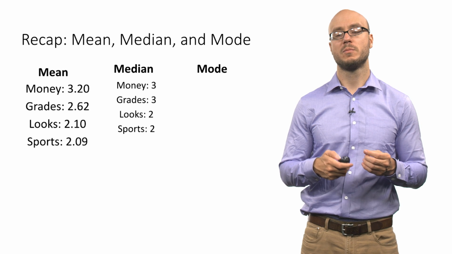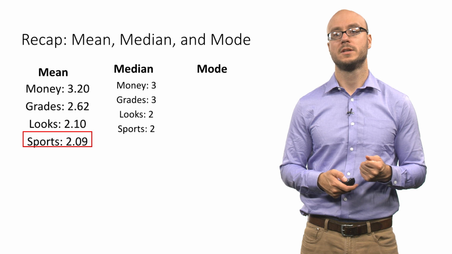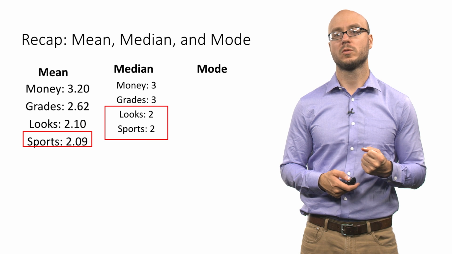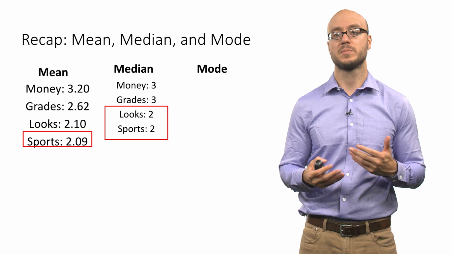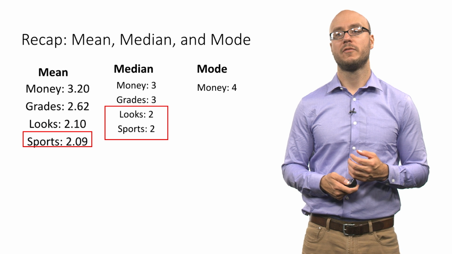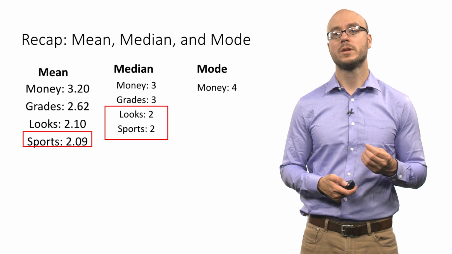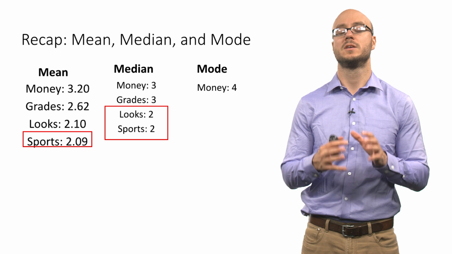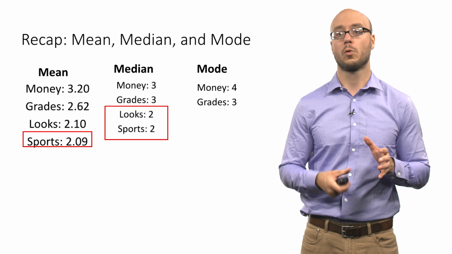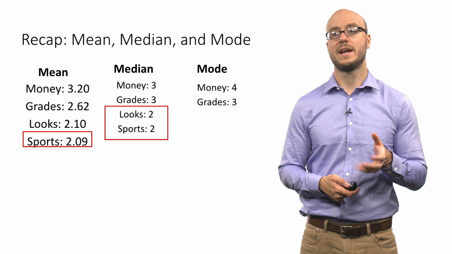For the mean, the most important quality was sports. If you look at the median, the most important quality was either looks or sports. We have a tie in that case. The 50th percentile is 2. If we look at the mode, the least important is money. So the most common response for the money variable is 4. Then for grades, it's 3.